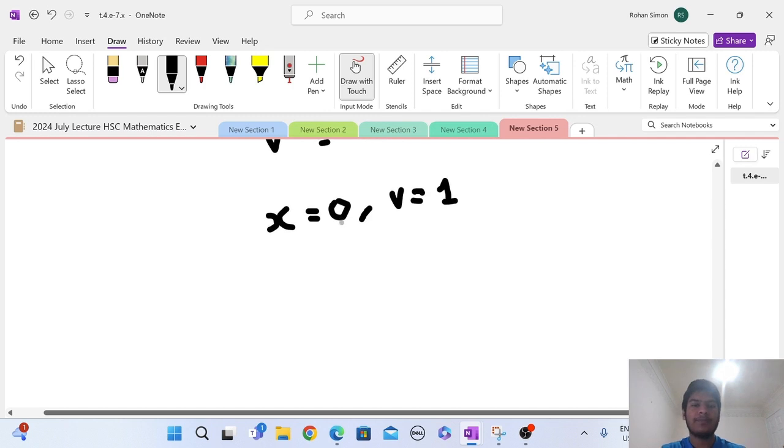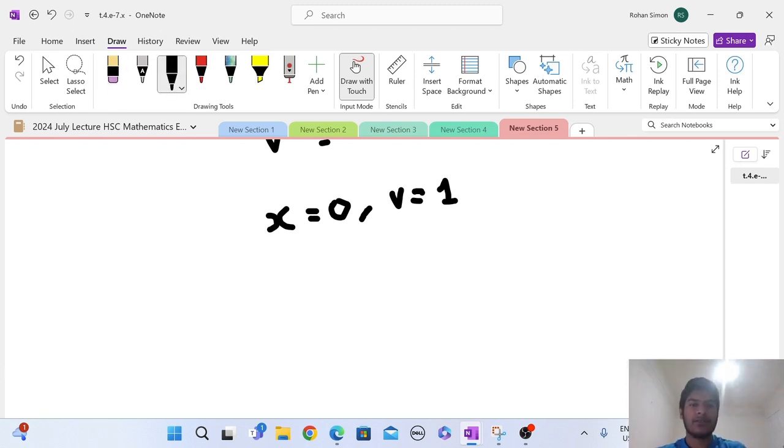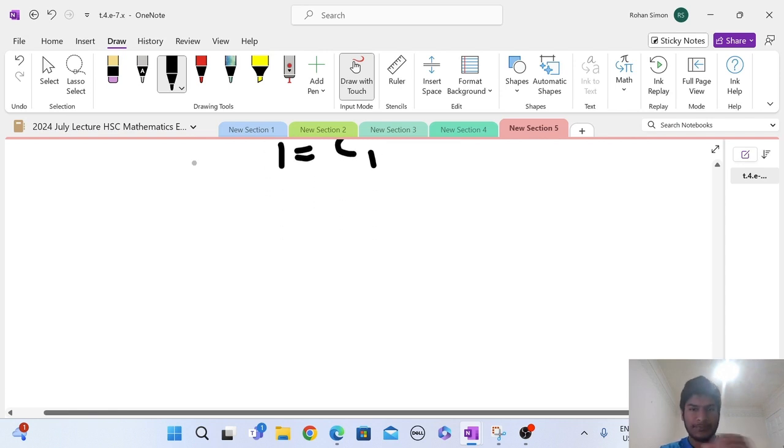So we get 1 squared on the right, so just 1. 1 equals x squared, so 0 minus 2 times 0, which is 0, plus c1 dash. So clearly, therefore, we conclude that c1 dash equals 1.